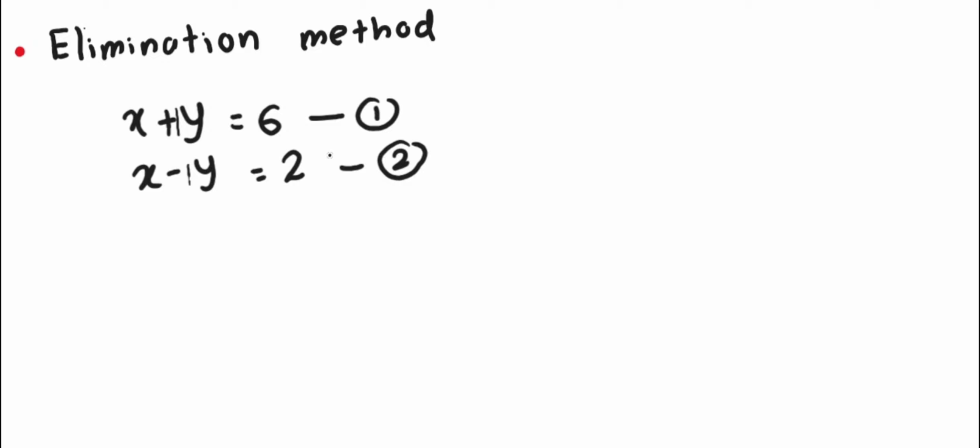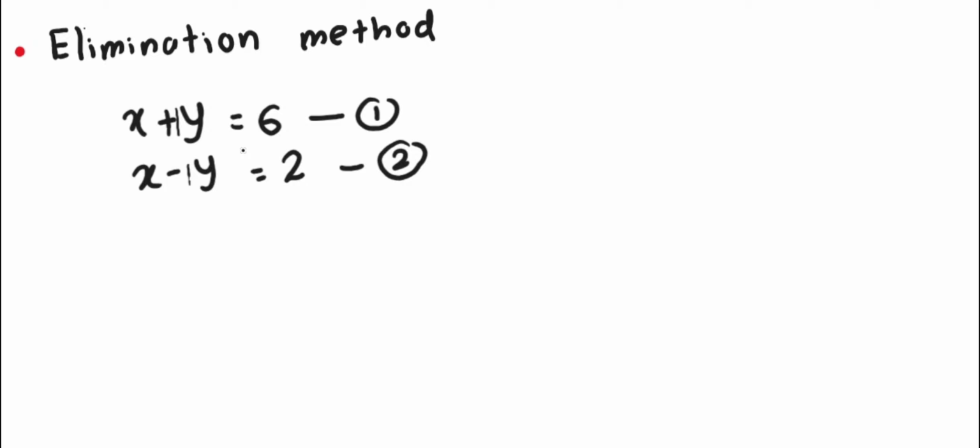If the signs of the eliminating variable are the same in both equations, we remove the variable by subtracting the equations. If the signs are opposite, so if the signs are different in both equations, we remove the variable by adding the equations.